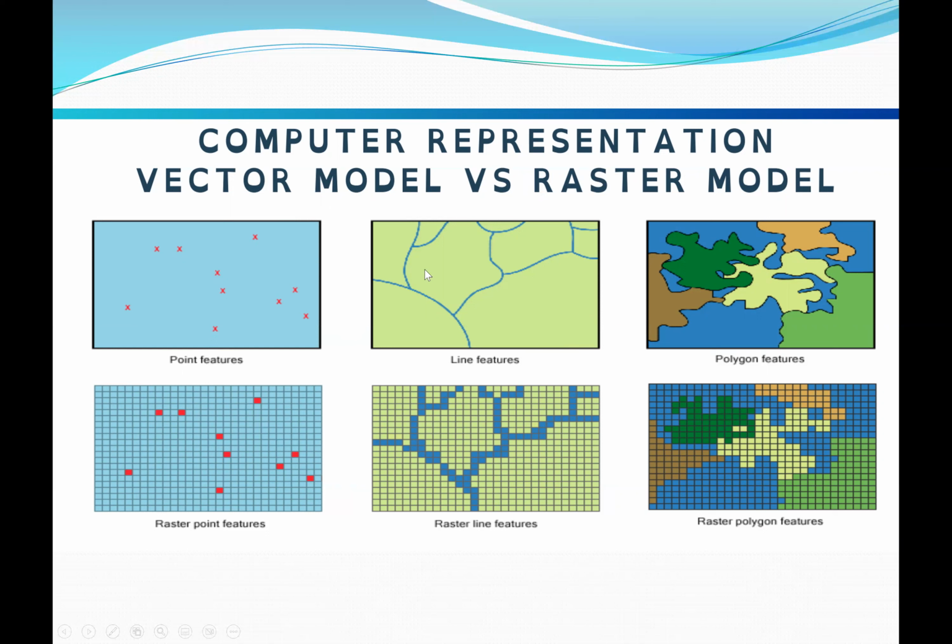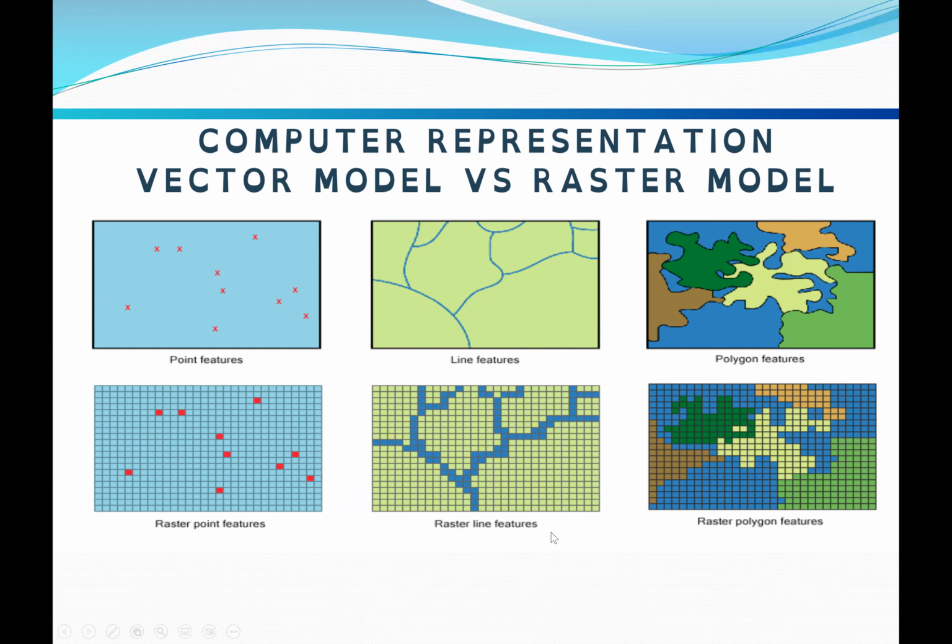Then we have the line features model and also the polygon. Now with the raster, which is how computer data is represented, we have the raster point features, the raster line features, and the raster polygon features. We may go through all this again when we do the hands-on exercise.